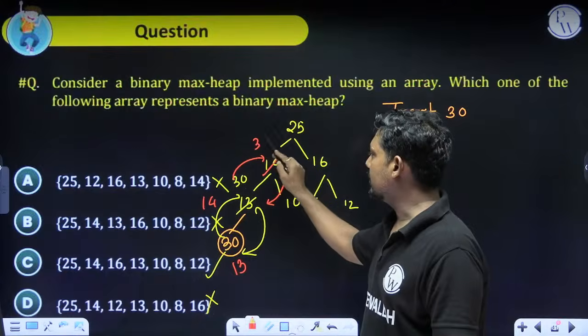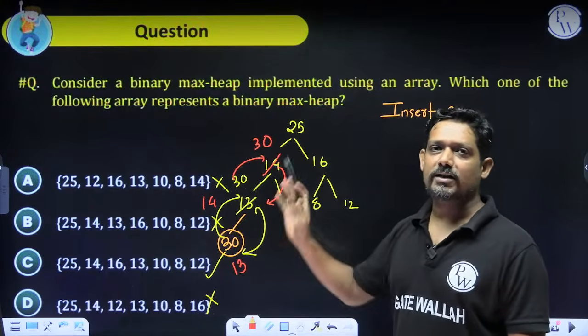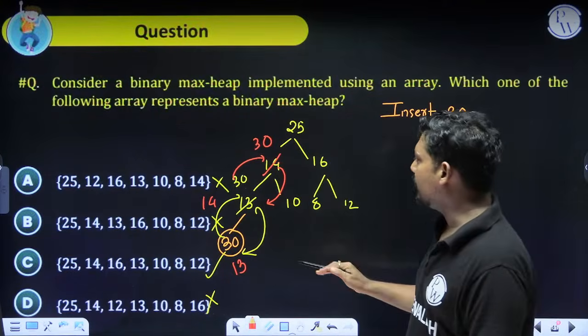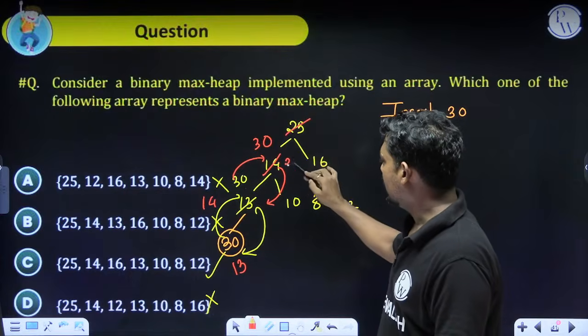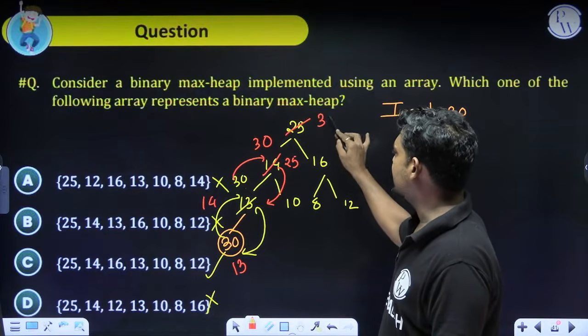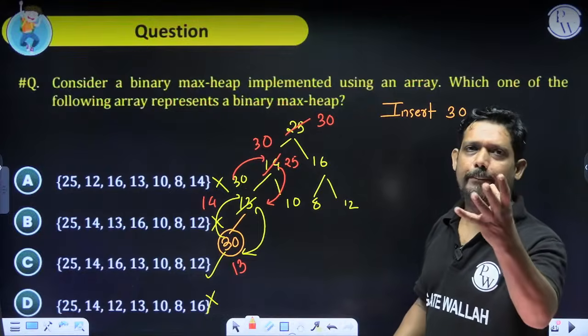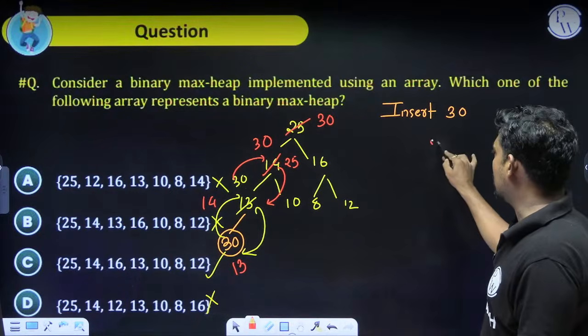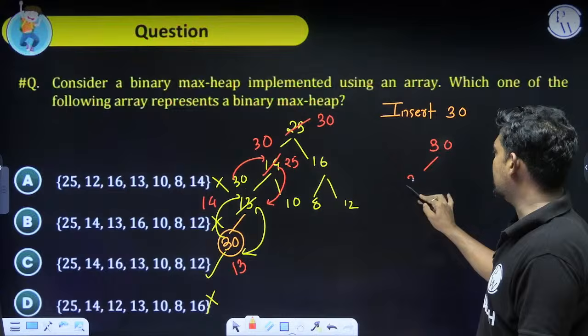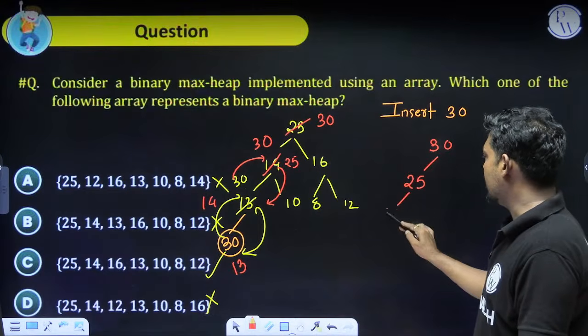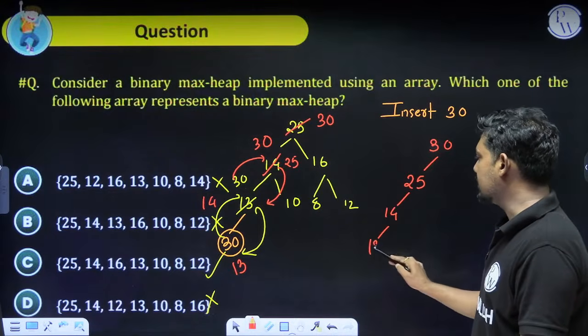It will not even spare the great grandfather. It says to 25, you come down, I will go up, and it sits on the top. So now this is 30, then 25, then 14, and then 13.